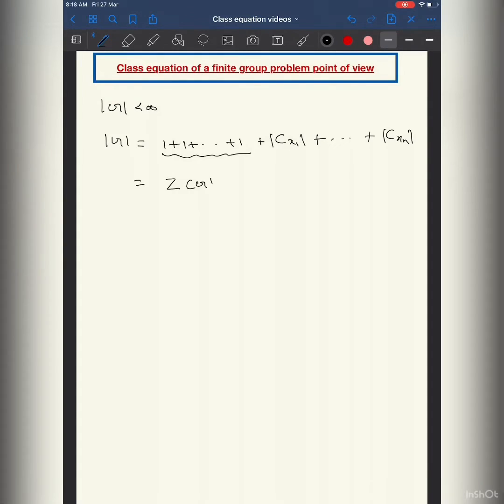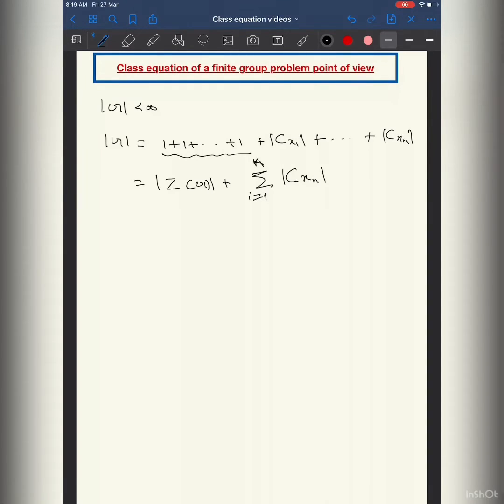Another way to write this is the order of the center plus the summation i equal to 1 to k of |Cxi|. The number of ones stands for the cardinality of the center, and that is going to be a very important thing because it's going to eliminate many possibilities.